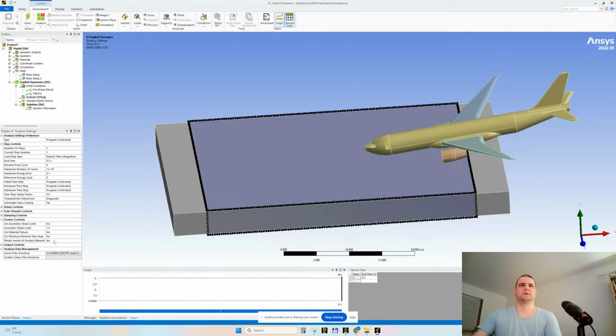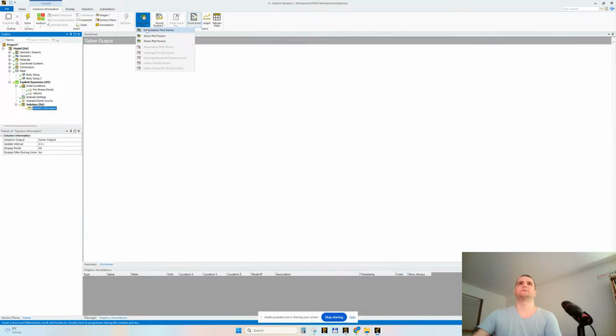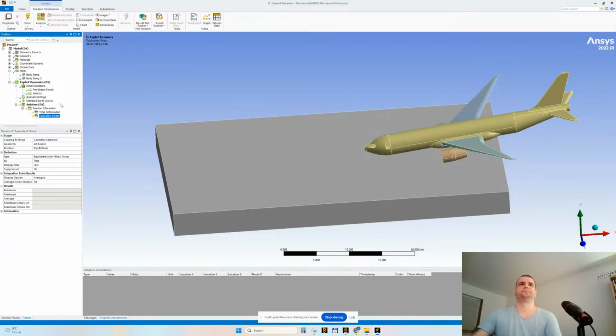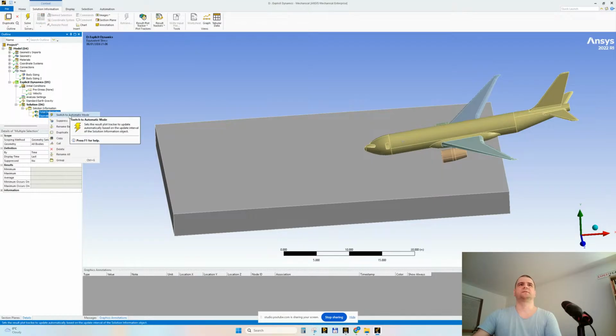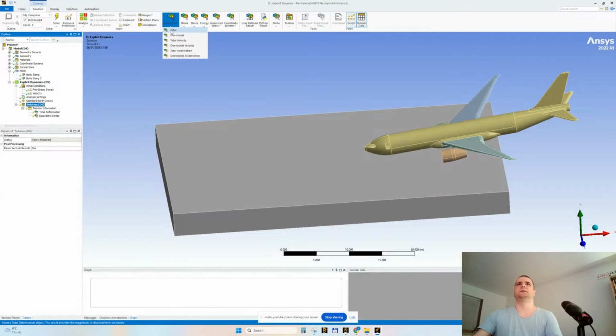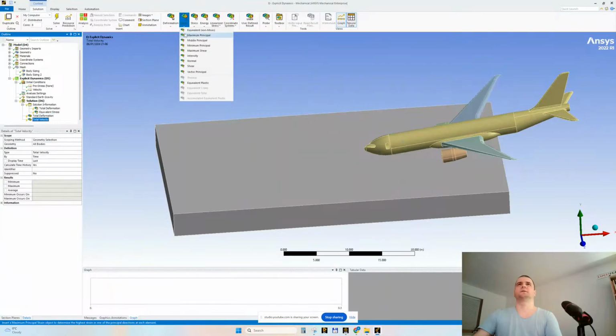Here, retain inertia, no, and output controls 100 result number of points. Let's leave it like this. Control pressed, switch to automotive mode, and here some results.